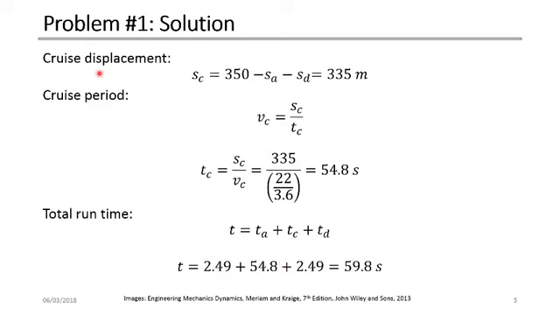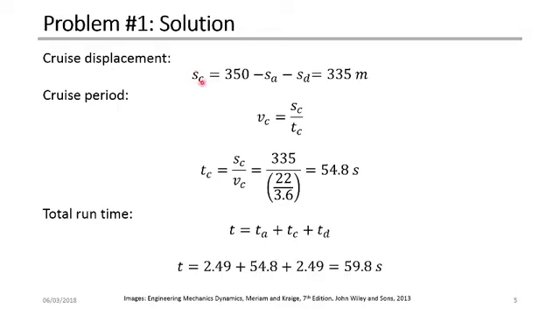The cruise displacement is in between, so we have acceleration, then cruising, and then deceleration. We found the acceleration displacement and the deceleration displacement, so now we can find the cruise displacement.